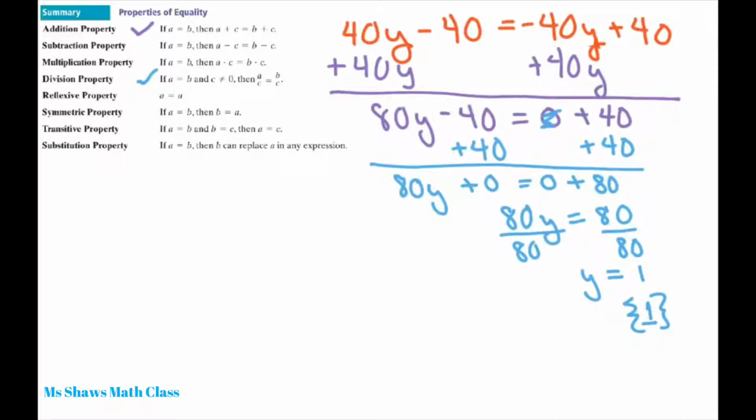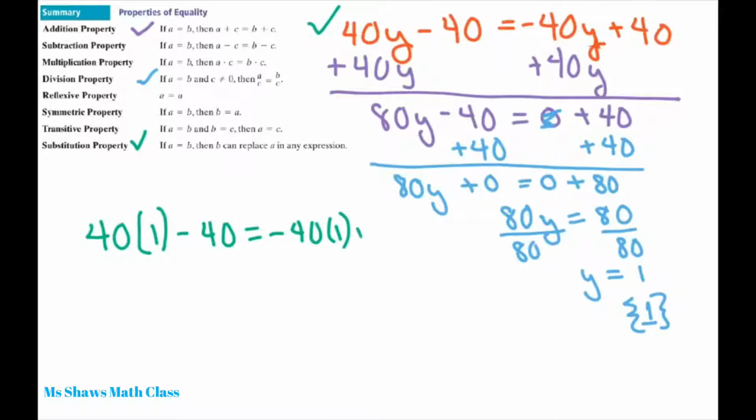Now let's check our solution by writing down our original equation and substituting, using our substitution property, replacing y with 1. So everywhere you see a y, you plug in 1.